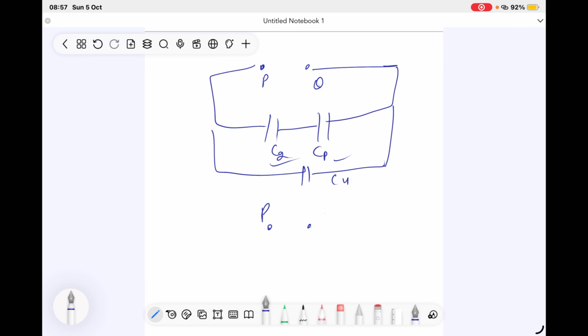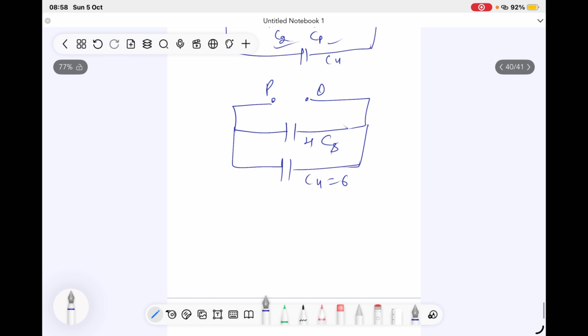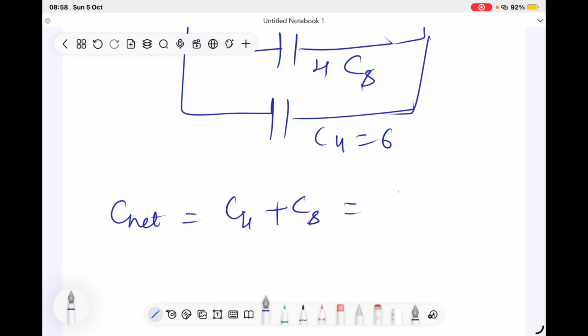So this was P, this was Q, and this is C series, which is coming to be 4. And then C4 was in parallel. C4 is 6. And now you can see C series and C4 are in parallel once again. So my net capacitance is ready now because they are in parallel. So it is C4 plus C series. So it came as 6 plus 4. It is 10 microfarad. So net capacitance is 10 microfarad.